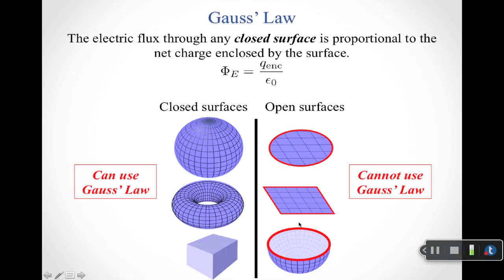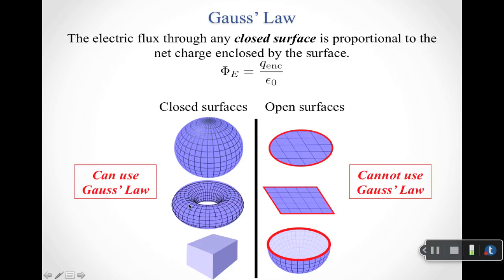Now there's one subtle way we'll come back to in a second where we might be able to use Gauss's law to think about what's going on with some square, but we'll come back to that one in a second. Instead, Gauss's law applies to closed surfaces. So here I've got some sphere that's a closed surface, and I can count up all the charges that are inside my sphere. Here I happen to have what's known as a toroid or a donut, right?